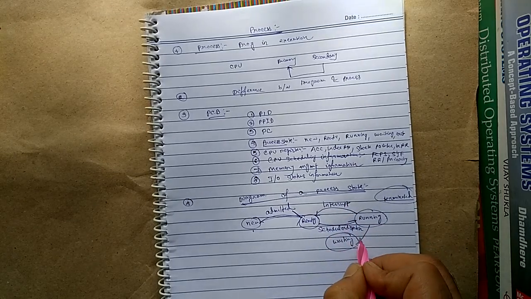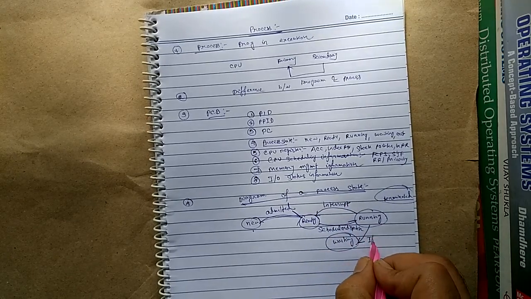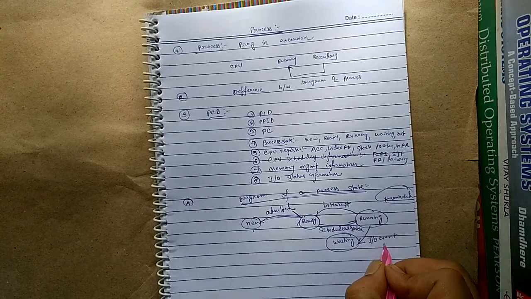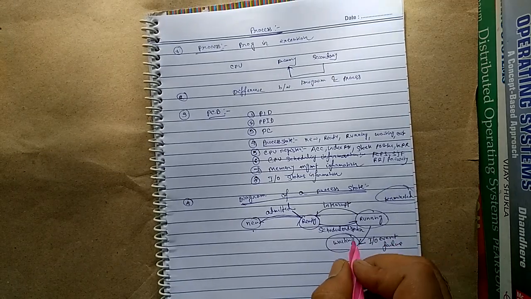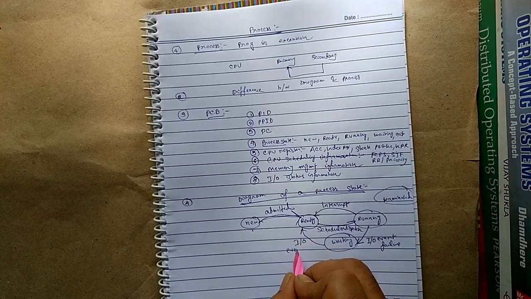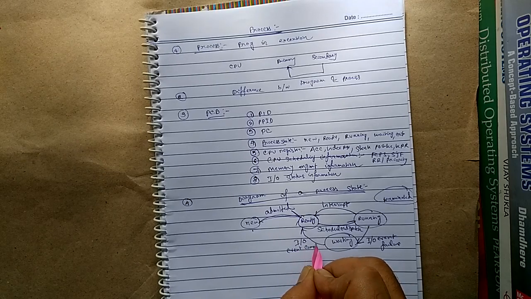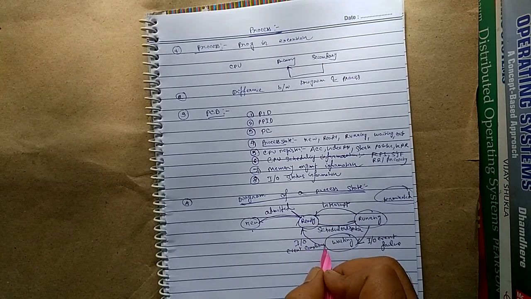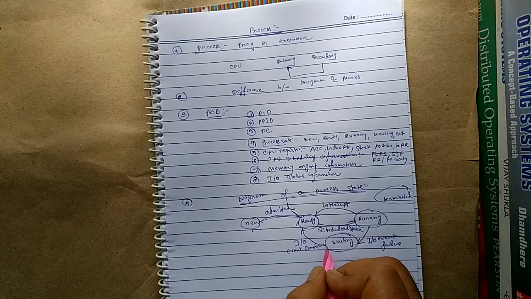From running to waiting, when an input-output event wait occurs, then running state changes to waiting state. And when this is completed, that means input-output event completion, then it will change its state from waiting to ready.